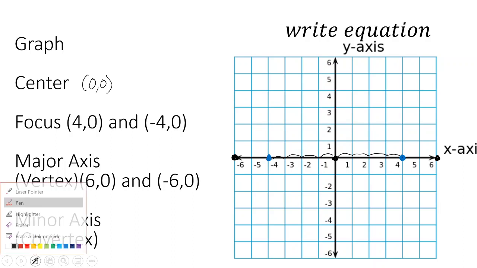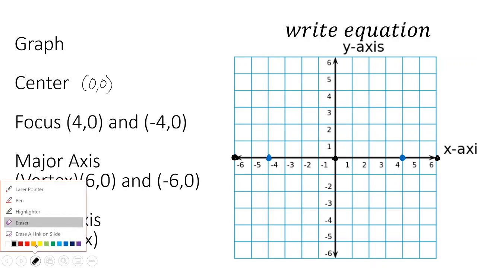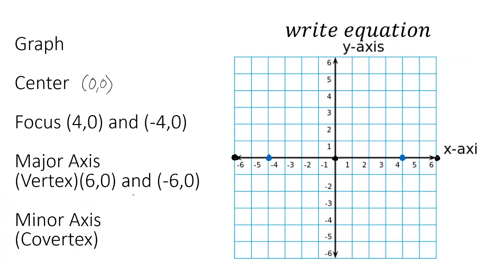So now I need to find the equation of the line. I need to graph this, and I need to find the minor axis. I believe I'm going to start by finding the minor axis. Well, don't we know that it's like a squared equals b squared plus c squared? If the major axis is 6, wouldn't that make a equal 6?